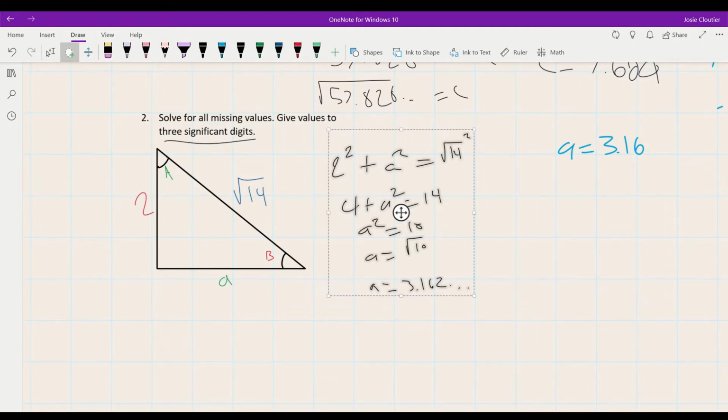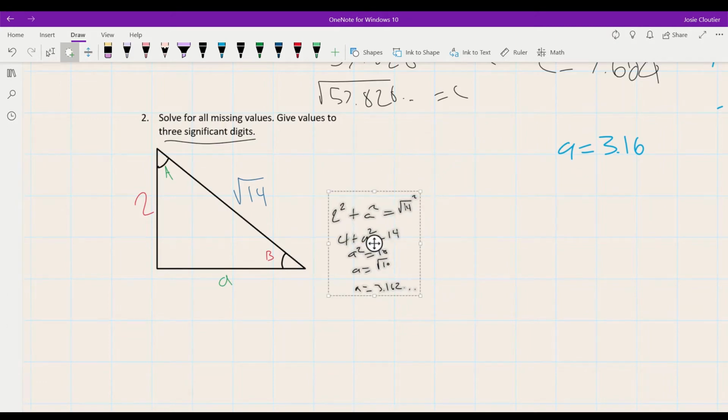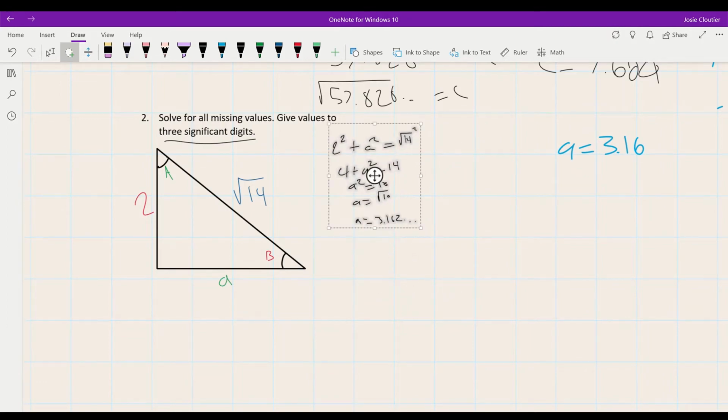So now we need to find the 3 missing angles. So to do that, we'll say that the sine of angle B is equal to 2 over the square root of 14.